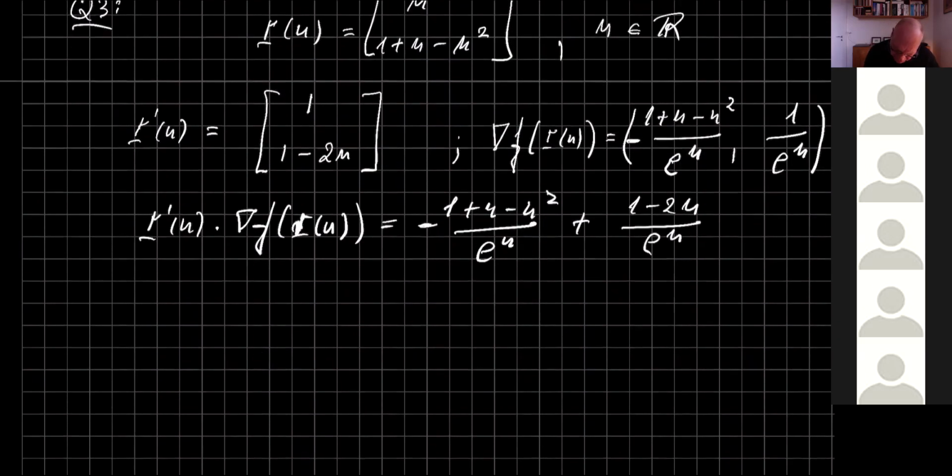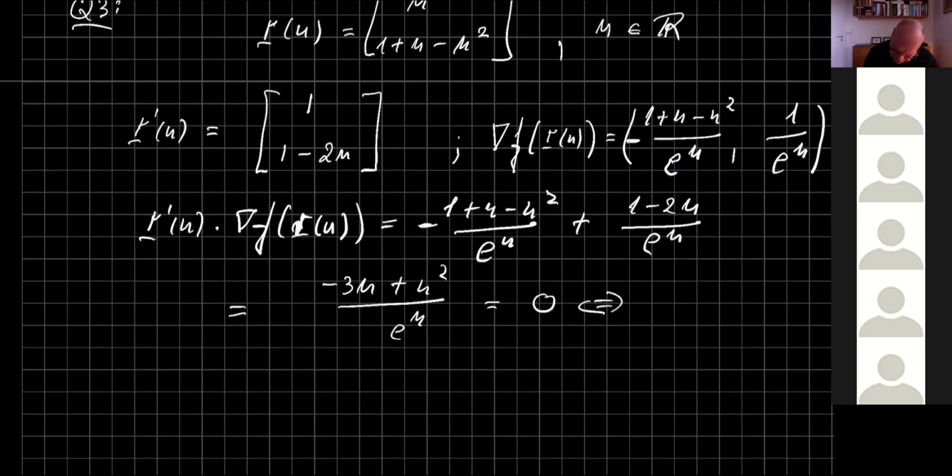When you put it on a common denominator, you get minus 1 plus 1, that is 0. You get u minus 2u, or minus u minus 2u, that is minus 3u. Then you get minus minus u squared, that is plus u squared. And this should be equal to 0 in order for the two vectors to be orthogonal.